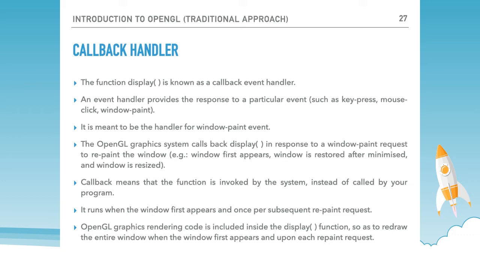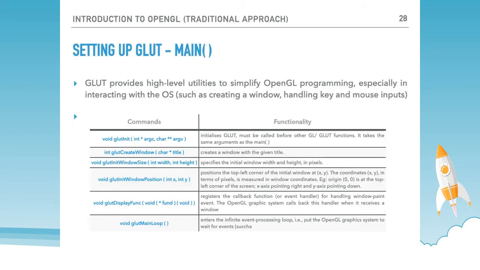Callback means that the function is invoked by the system instead of being called by your program. The display function runs when the window first appears and once per subsequent repaint request. Observe that we included OpenGL graphics rendering code inside this display function, so as to redraw the entire window when the window first appears and upon each repaint request.